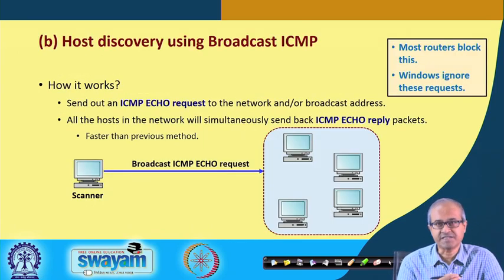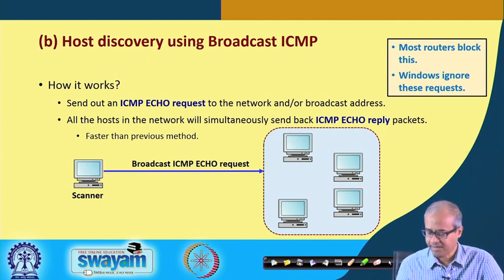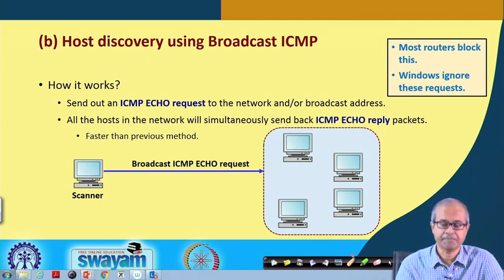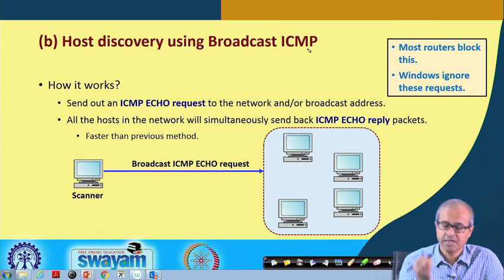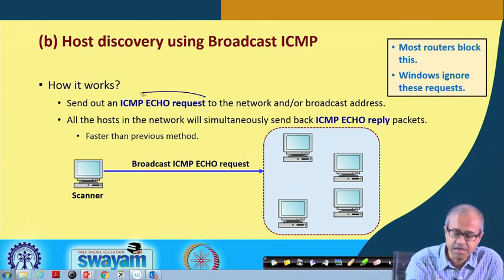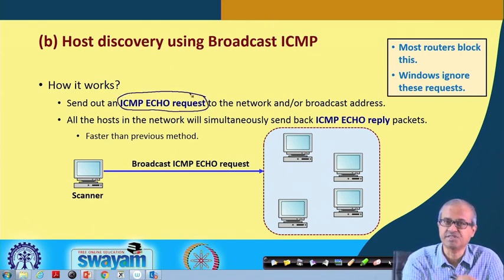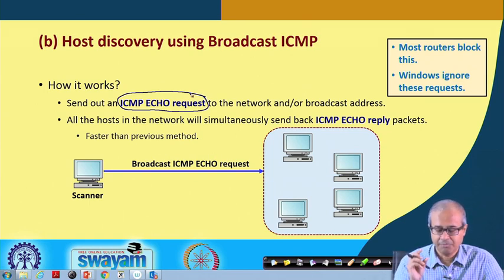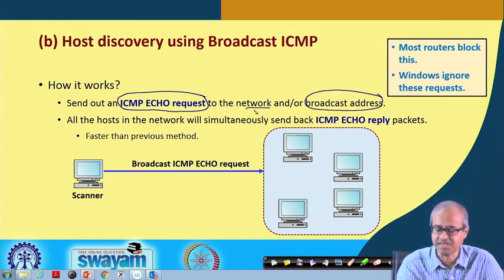So, there is a faster method available, you can also use it using the same kind of commands. The idea is as follows. Here you are trying to use the broadcast ICMP feature. What is broadcast ICMP? Well, here also you are sending an ICMP echo request packet, but you send it not to a particular host, but to a broadcast address or a network address. What will happen?